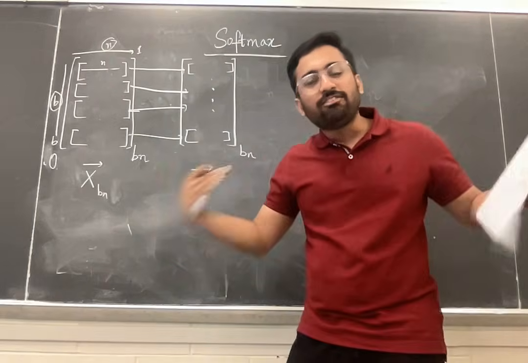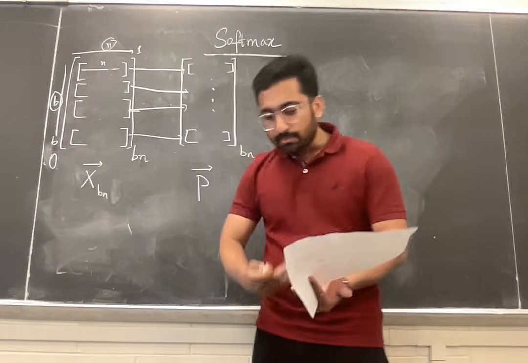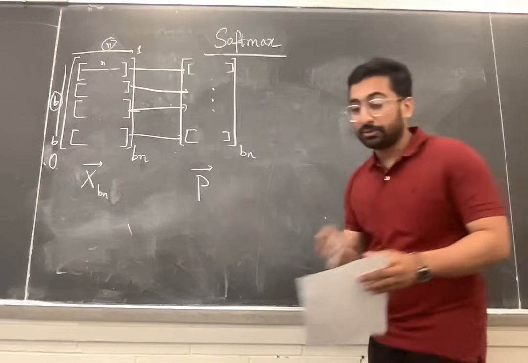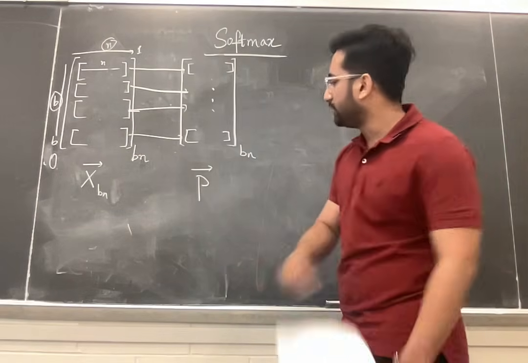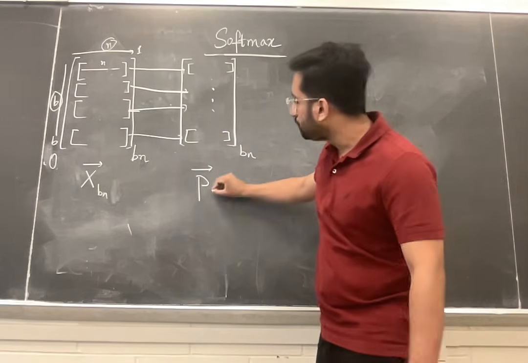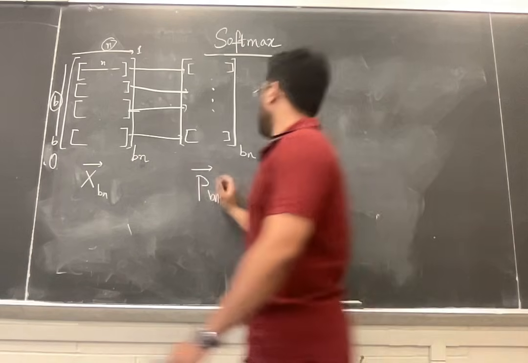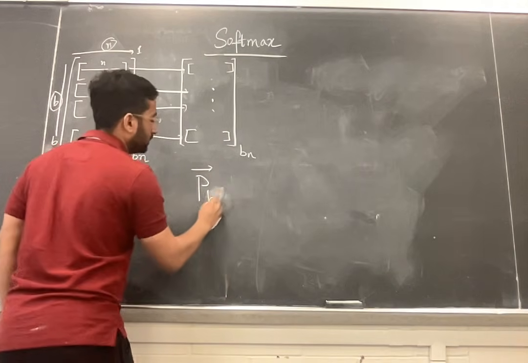And this is where the fun happens. Okay, this is where the mathematics makes the computing in PyTorch and deep learning, PyTorch and NumPy, and this vectorized operation. So the probability is P of Bn, same dimensions.